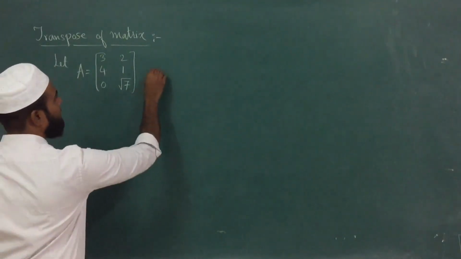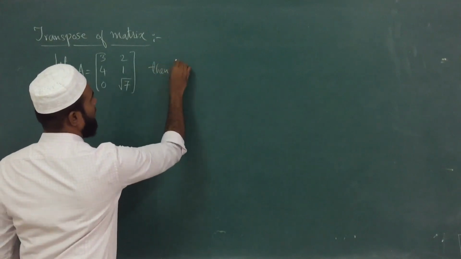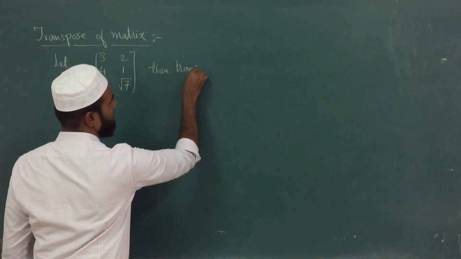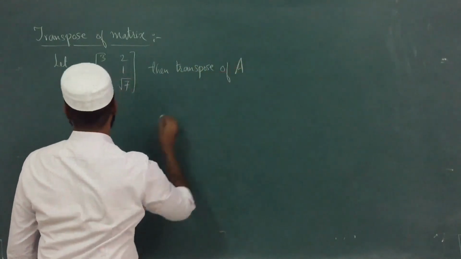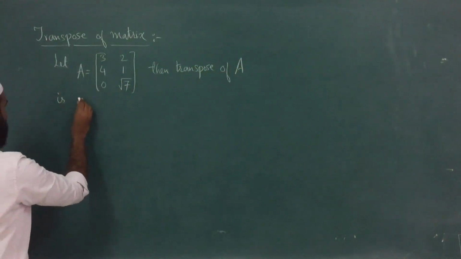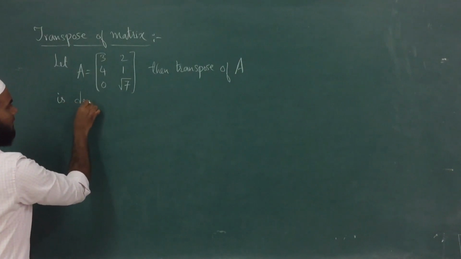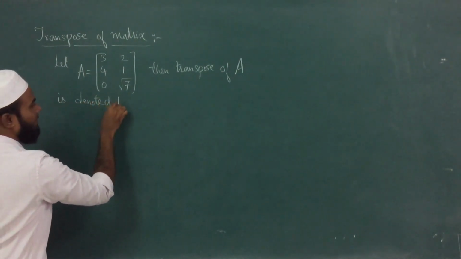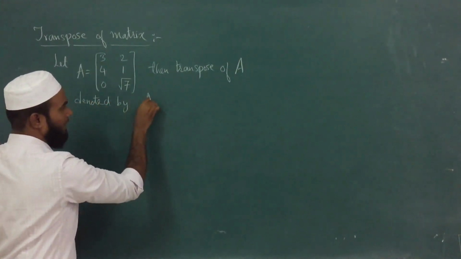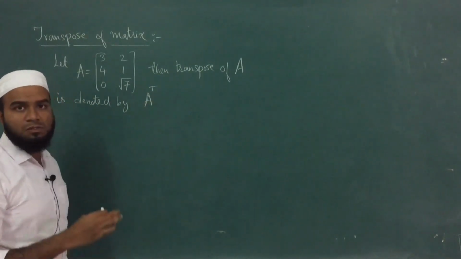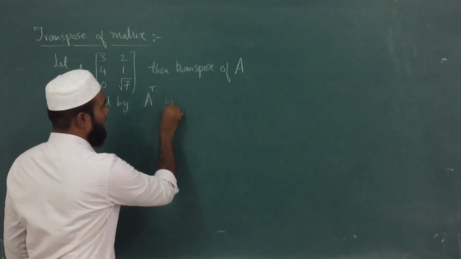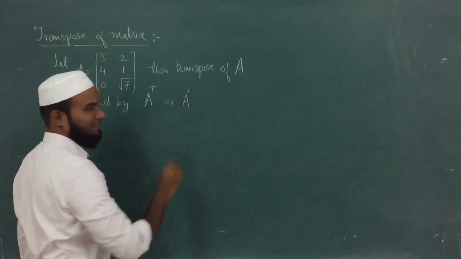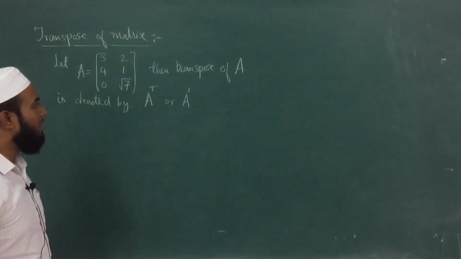The transpose of A is denoted by A superscript T, that is, A transpose, or another notation is A dash. A transpose or A dash.